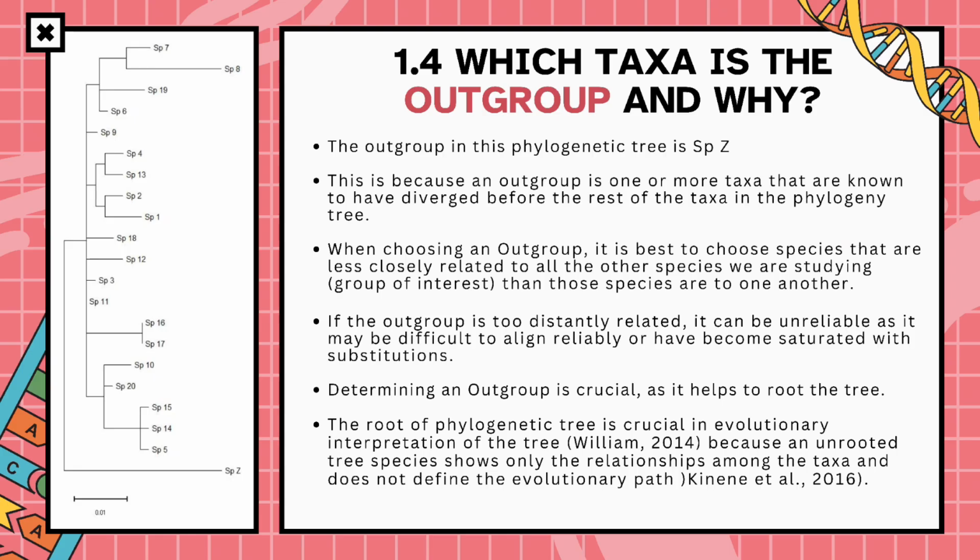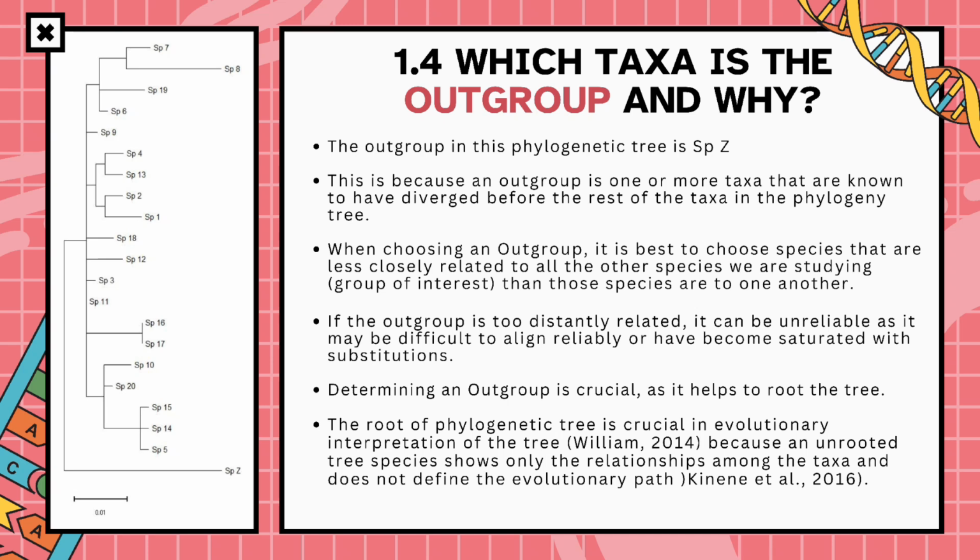1.4. Which taxa is the outgroup, and why? The outgroup in this phylogenetic tree is species Z. This is because an outgroup is one or more taxa that are known to have diverged before the rest of the taxa in the phylogenetic tree.